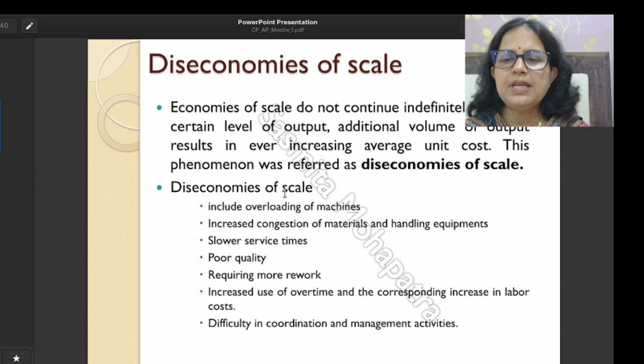There is increased use of overtime and a corresponding increase in labor cost, and difficulty in coordination and management of activities, as a lot of things happen at the same time, making it very difficult to coordinate the process. These are some of the reasons for diseconomies of scale.